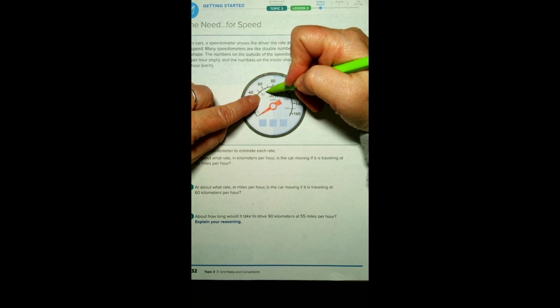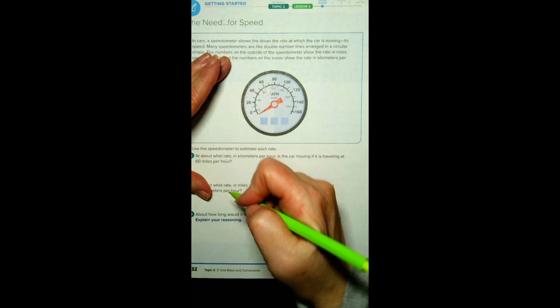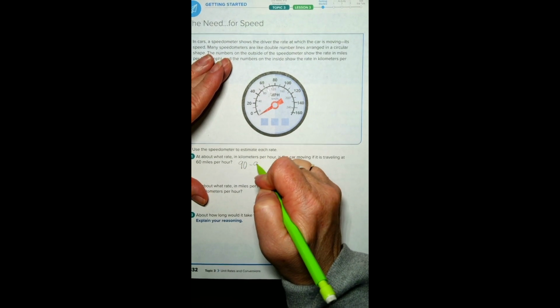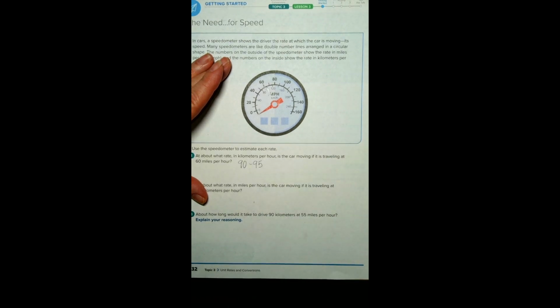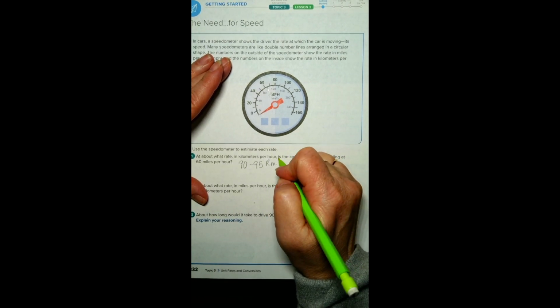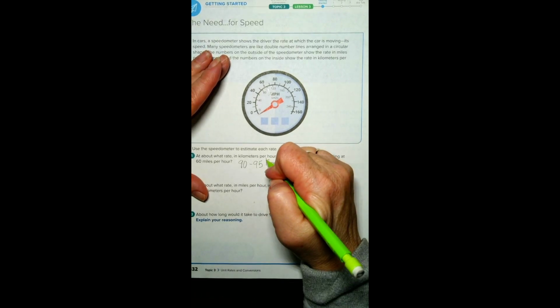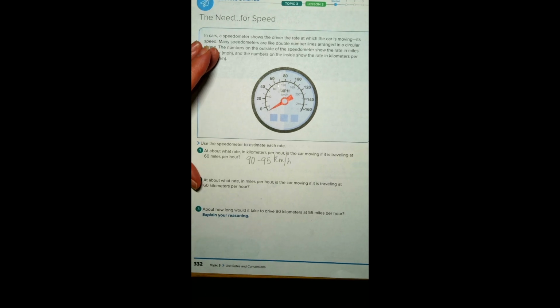So 90 would be about here. So somewhere between 90 and 95 kilometers per hour. And that's a cursive K, kilometers per hour.